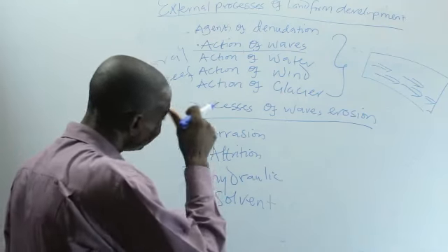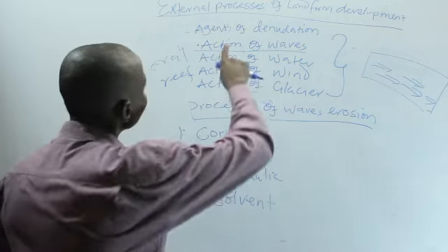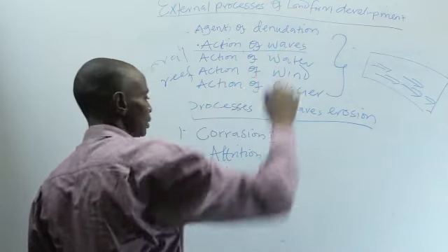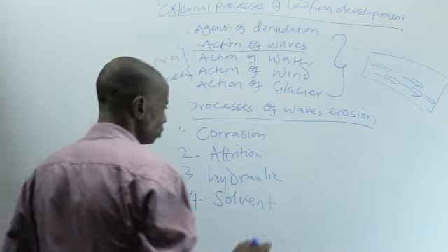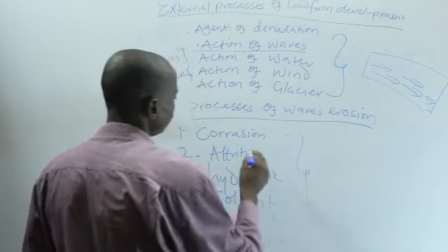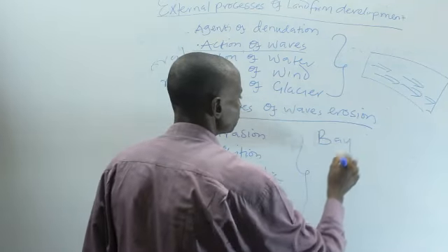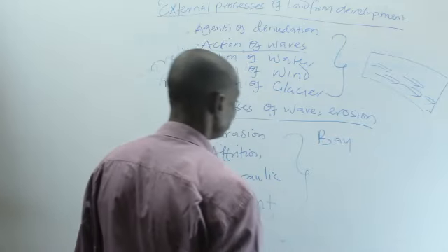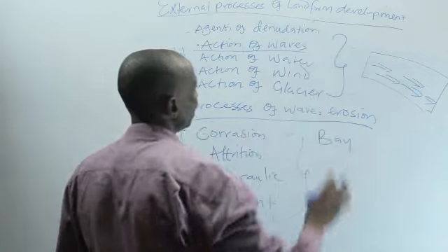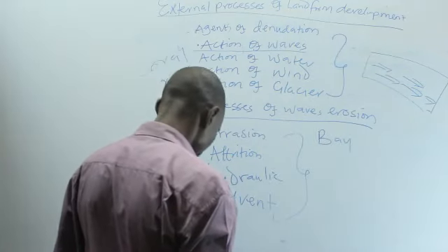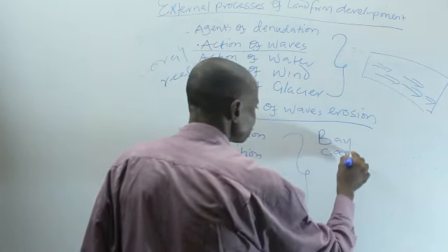And our interest is the landform development. One of the landforms developed as a result of this process is what we call bay. Bay is formed at the coastal environment. Then number two, we have cape.